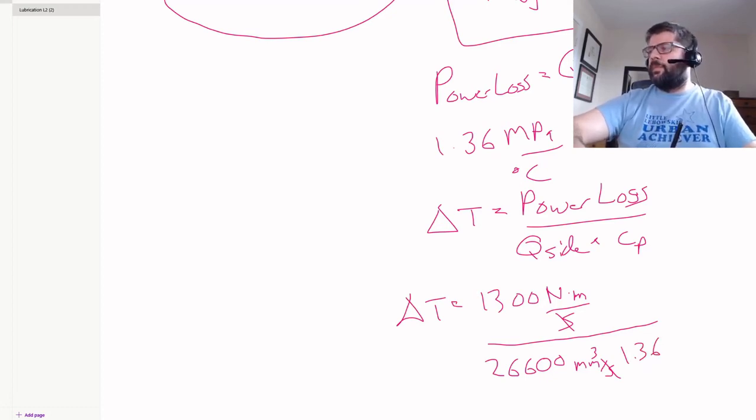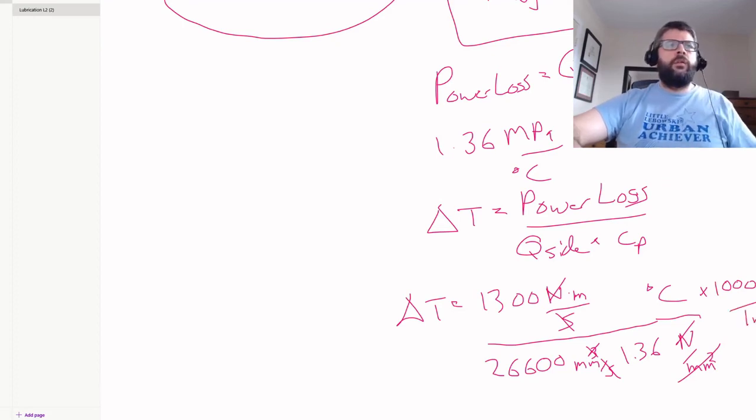I'm going to put the MPa in terms of newtons per millimeter squared, and then degrees Celsius at the top here. So this cancels out two of the millimeters on the side flow, the newtons up here cancel out, and we are left with a meters per millimeter term. So we also need to multiply this by 1,000 millimeters per meter.